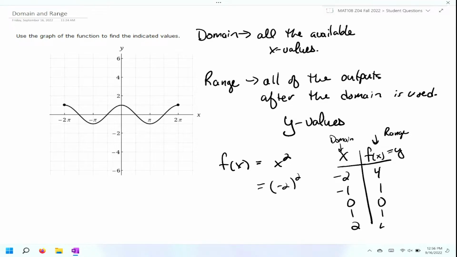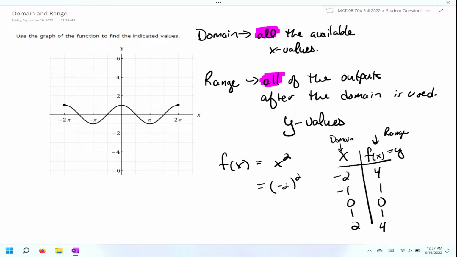And let me get out my highlighter here so you can actually see it. It's this word that's repeated in both definitions. It's all of them. And sometimes when you are dealing with graphs of functions, you can have an infinite amount of x values and an infinite amount of range values.